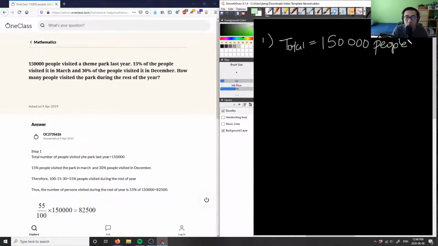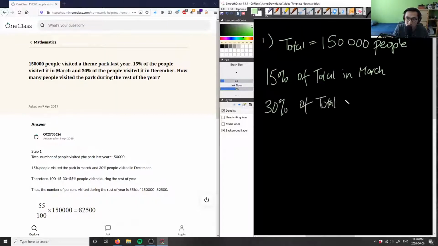So that's per the entire year. So we know that 15% of the 150,000 is going to be in March. 15% of total in March. And we know that we have 30% of the people of total in December.